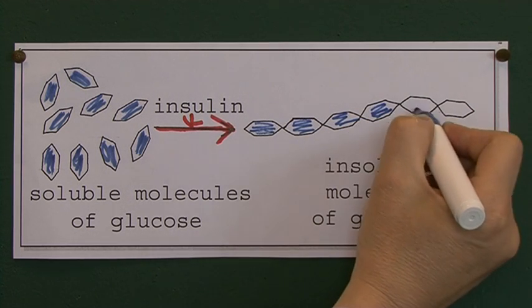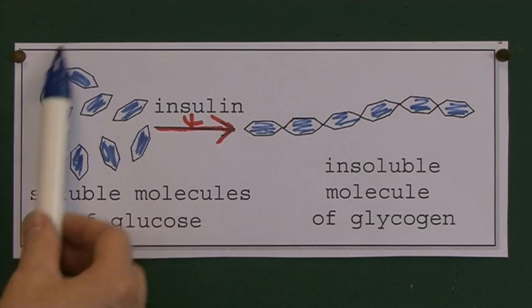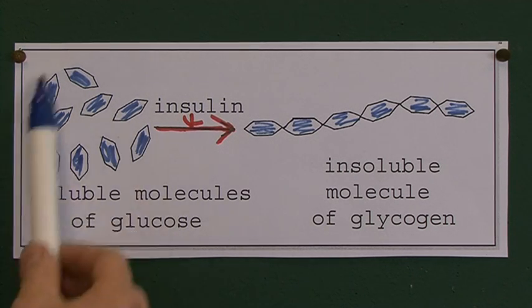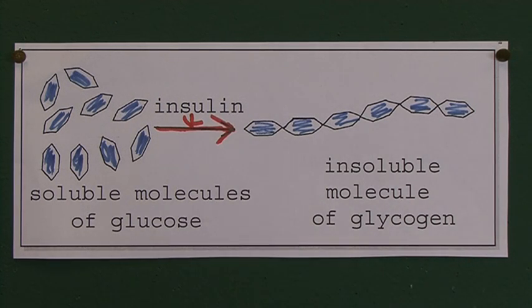And one of these long molecules is called a glycogen molecule. So the glucose will be moved from the blood and tissue fluids into glycogen molecules, where it will be stored in the liver and muscles.